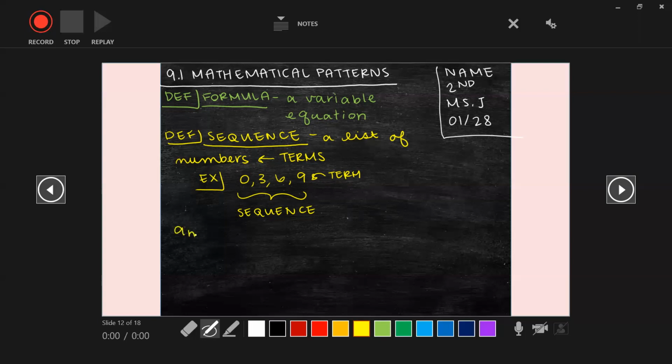Now, A sub n is going to be the name of your sequence. So A sub n is a name. A sub 1 is going to be called the initial condition. We've run into initial conditions before, but the initial condition is like your starting term. It's your first term, hence A sub 1.